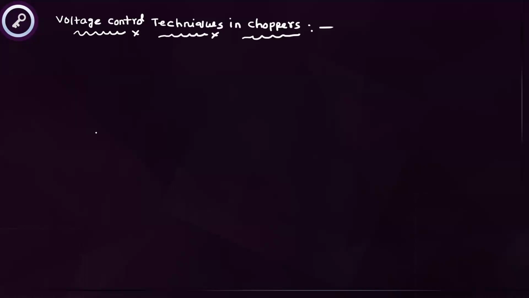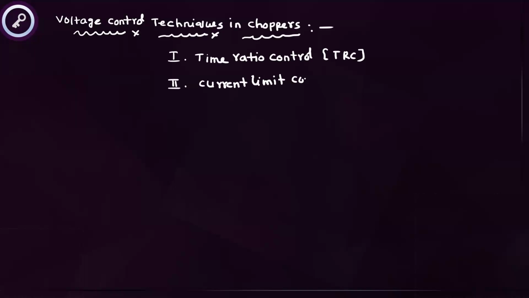One is the time ratio control technique. Another one is current limit control. Current limit control means by controlling the current between minimum and maximum, the output is controlled.